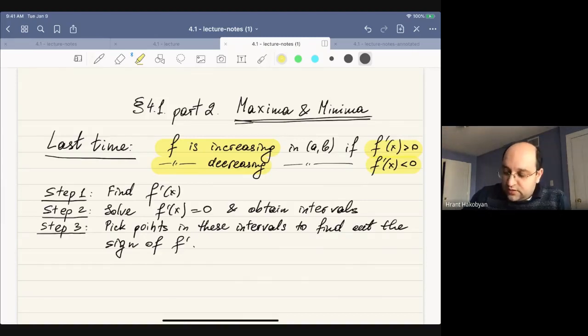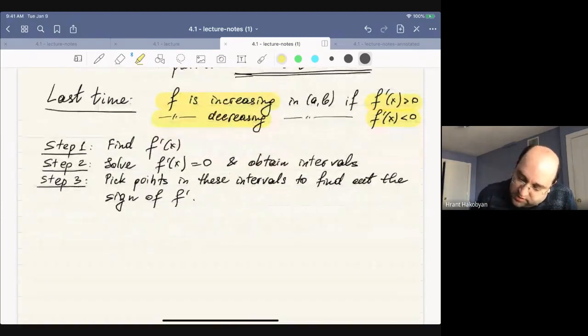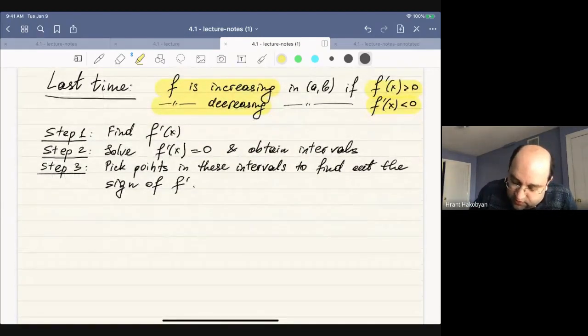Okay, so today we're going to continue this and apply the derivative to finding out where the function has a maximum or a minimum. For that, we're going to start by writing down the definitions of what it means to be a maximum or a minimum.